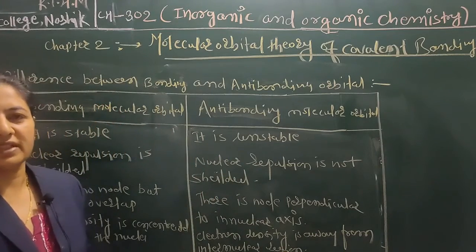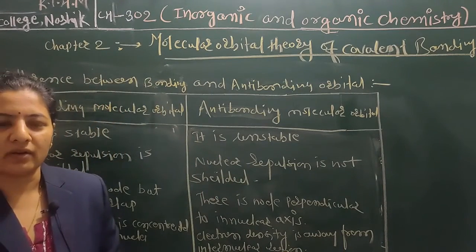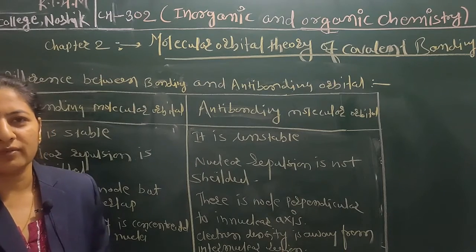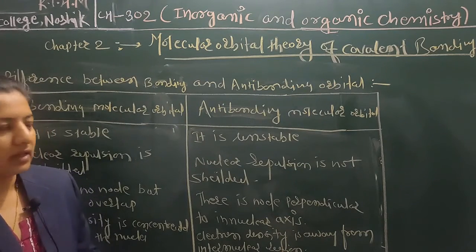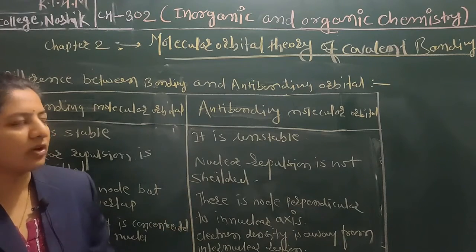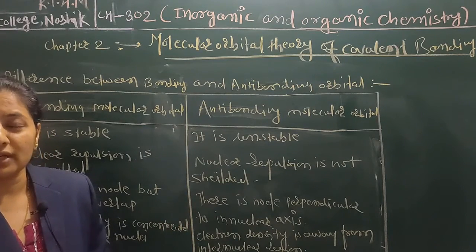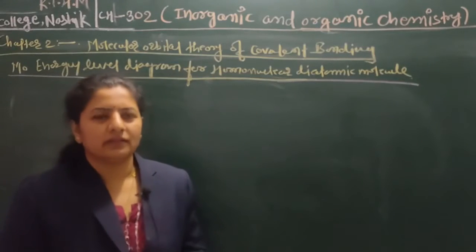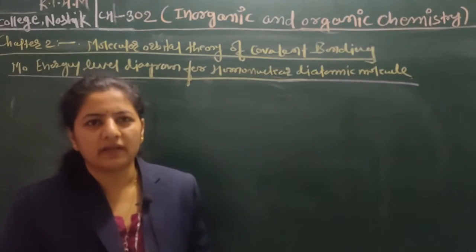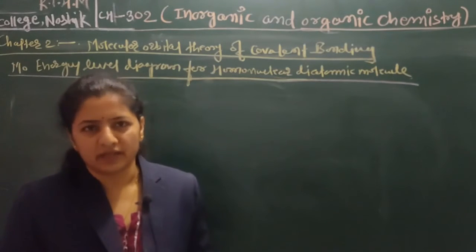So these are the main differences between the bonding and antibonding molecular orbital. As we know, the bonding orbital has less energy than the antibonding molecular orbital, and there is a node formation in antibonding molecular orbital, whereas there is no node formation in bonding molecular orbital. So let's discuss the molecular energy level diagram for homonuclear diatomic molecules.